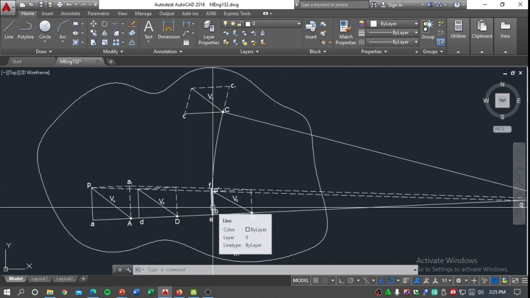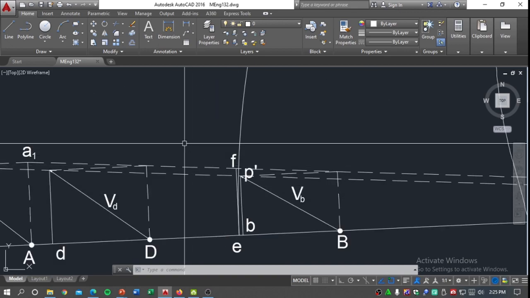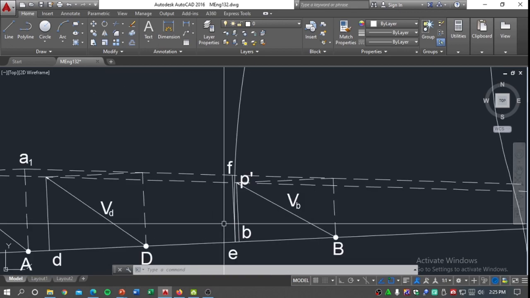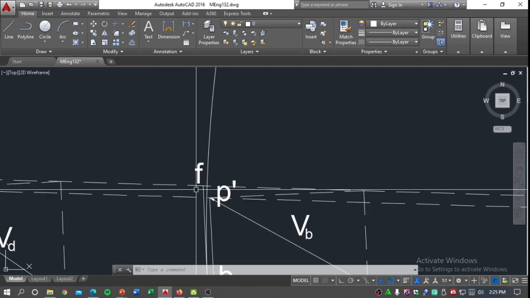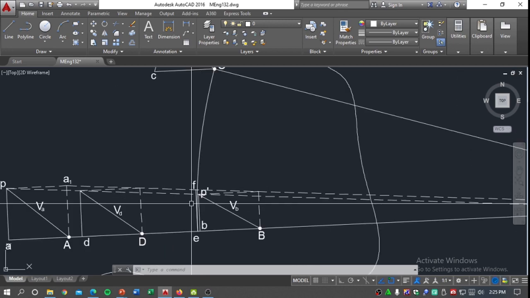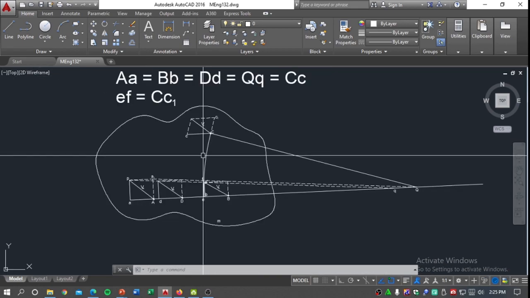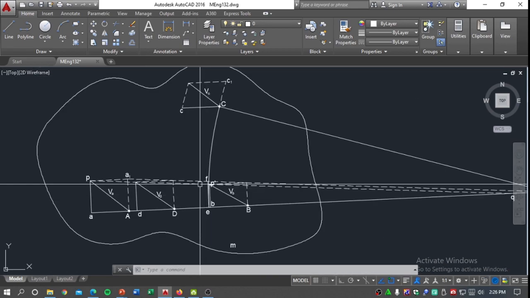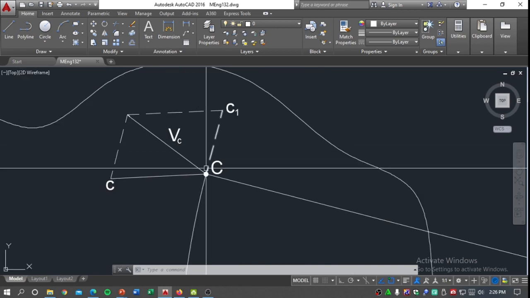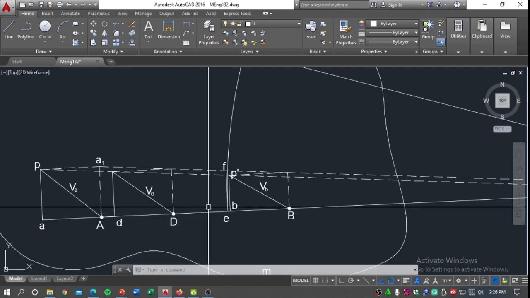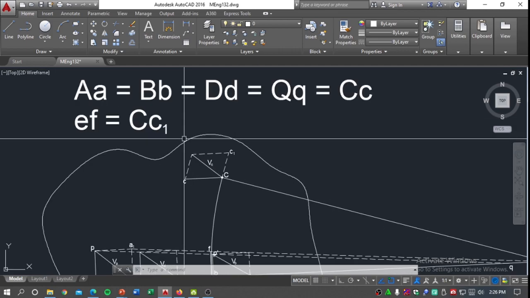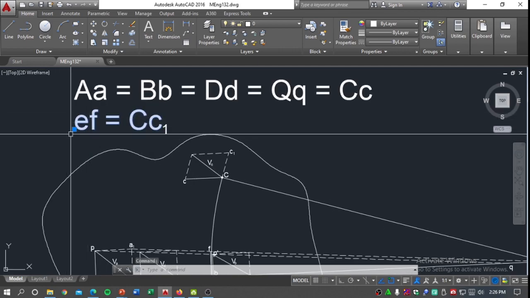After that, we obtained a component by drawing a line perpendicular to AB, and thus we obtained the line EF. So this line EF is further projected into point C, because this line EF is a component for the velocity vector of point C. So thus the length of EF is equal to CC1.